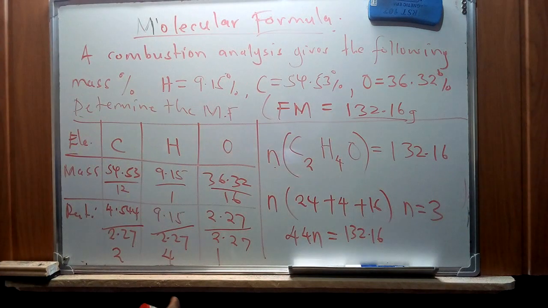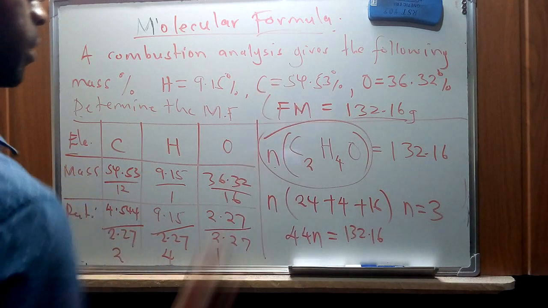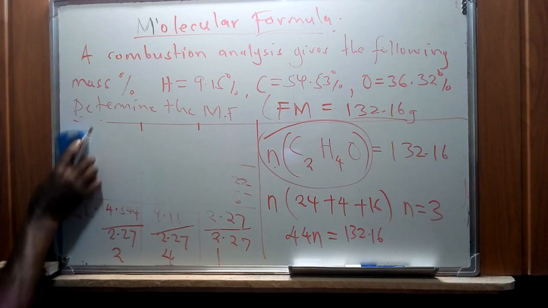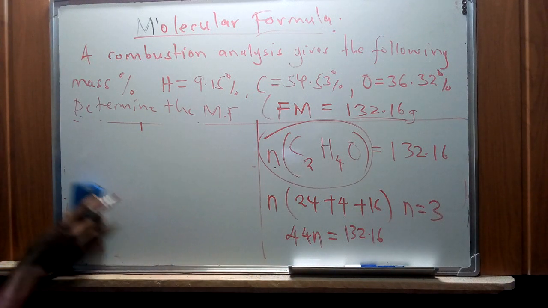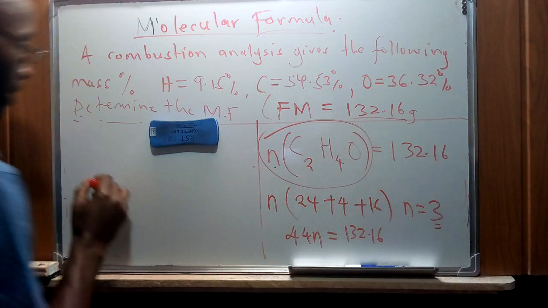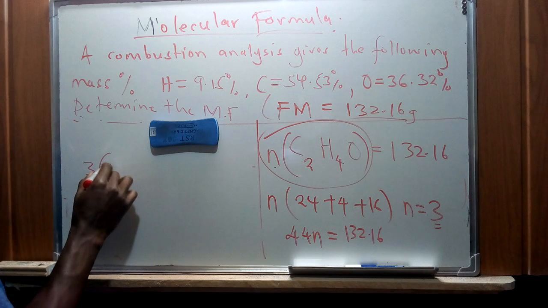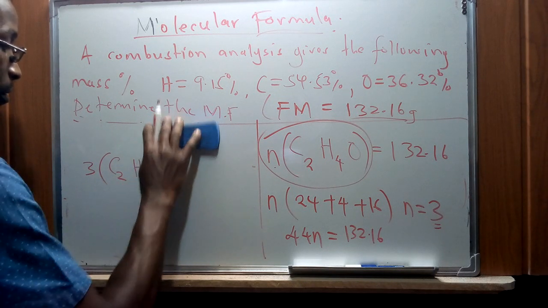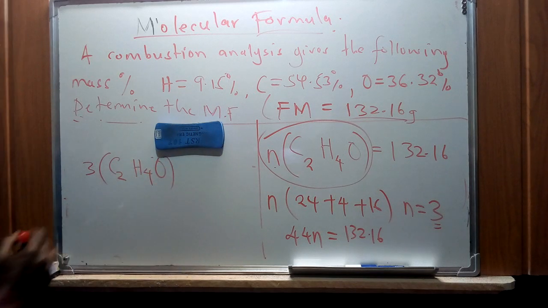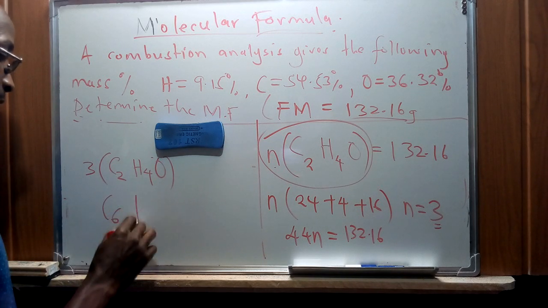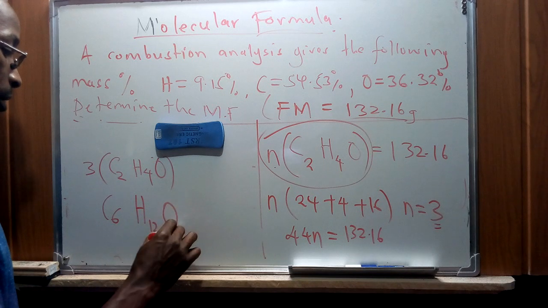So therefore, for us to get the molecular formula from this particular empirical formula and the number n, we're going to do a substitution for n and write 3 times C2H4O. So the product of this gives us the molecular formula, which we're going to get as C6H12O3.